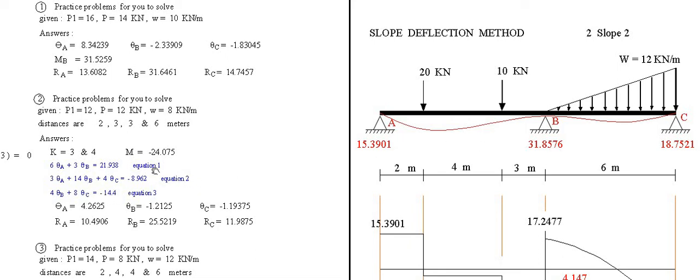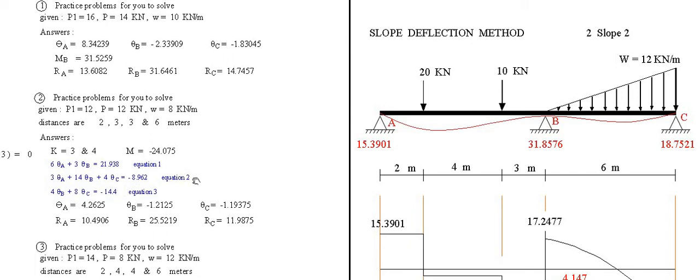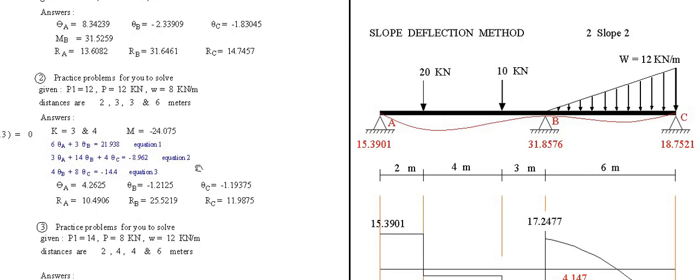The theta equations are given so that you can check your solved equations. Notice there are three equations for theta A, theta B, theta C. Then theta A is 4.26, theta B is minus 1.21, theta C is minus 1.193.